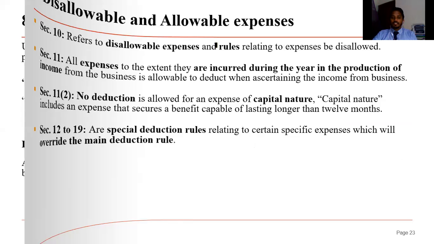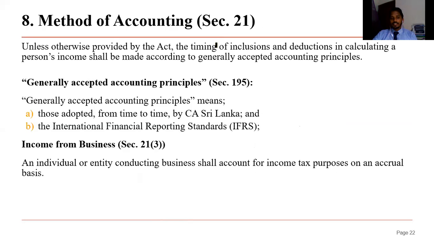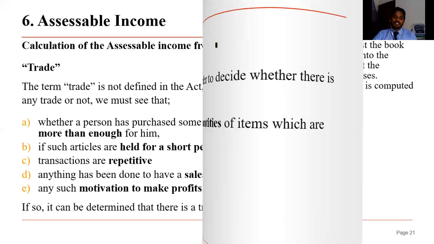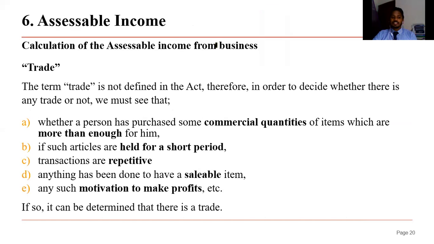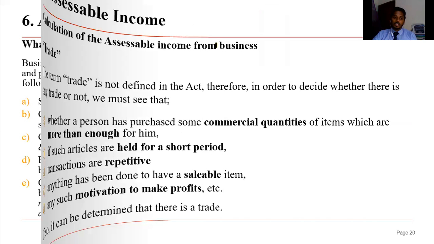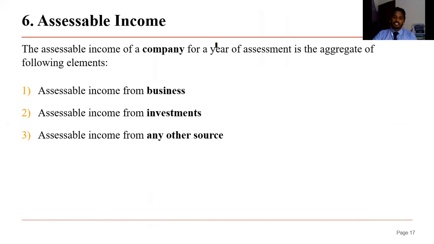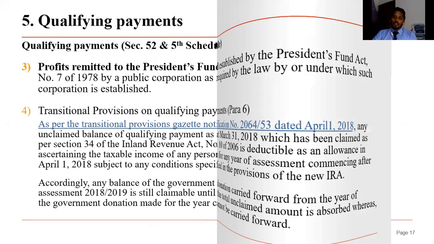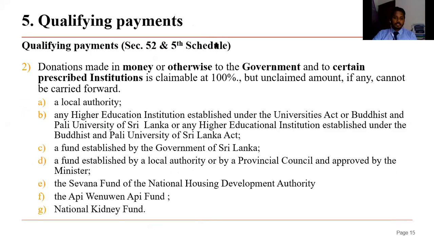Therefore we can't take whatever the auditors' profit, that we call profit before tax. Normally we are not allowed to take auditors' profit as profit for taxation. Therefore, we need to do some adjustments in order to arrive at tax assessable income from business.